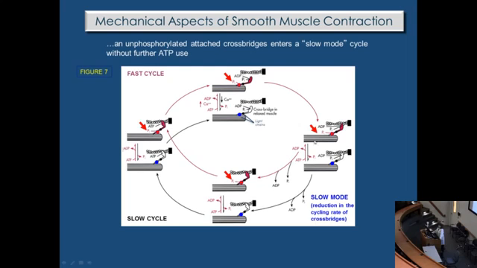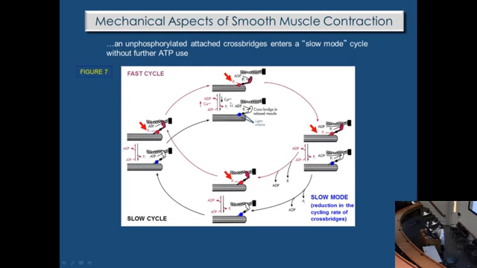So here the myosin was phosphorylated, but then it got unphosphorylated, as illustrated here, while the myofilaments were attached. So they are still able to produce the power stroke and continue the cycle, but this transition will occur way more slowly than in the fast cycle.